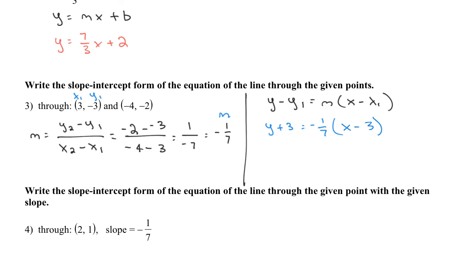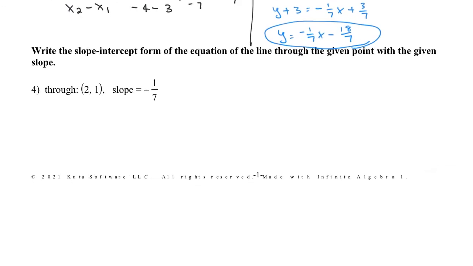Then we're just going to simplify this, so we distribute that negative 1/7. So I've got y plus 3 is equal to negative 1/7 x plus 3/7. Then we subtract 3 from both sides, and y is equal to negative 1/7 x, it's actually minus 18/7. And that would be our equation here.